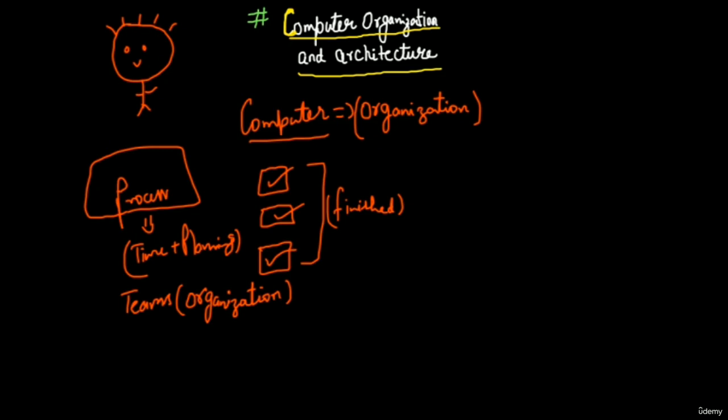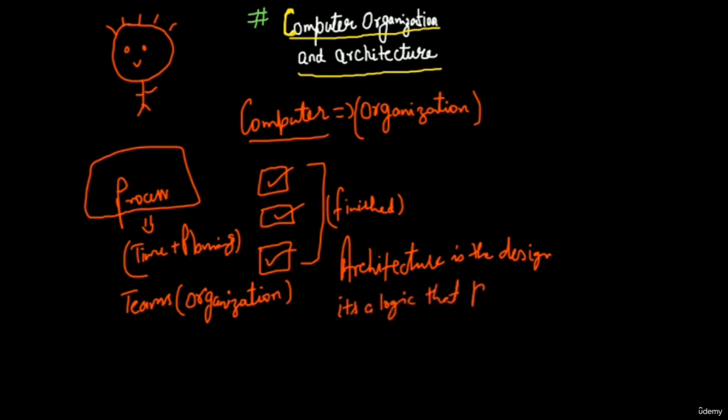And what does the term architecture mean here? Well, architecture is the design. Architecture is the design, or you can say it's a logic that plans and brings us the blueprint.